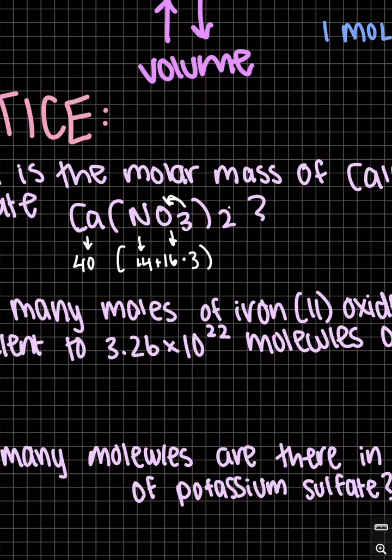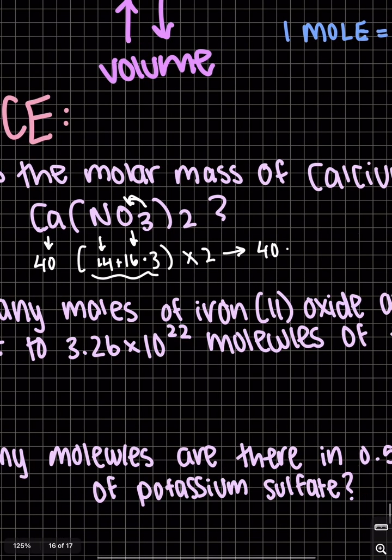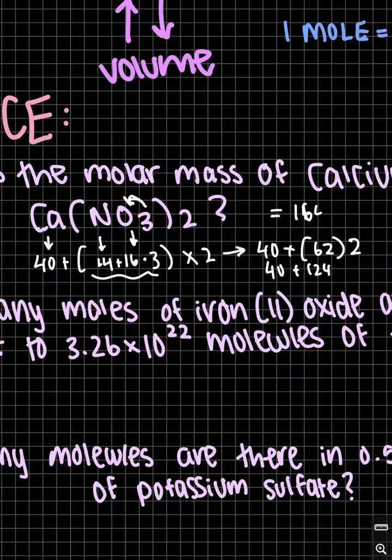And then for the whole thing, there's 2 nitrates, meaning that whatever number this is, you multiply by 2. So you get 40 plus 14 plus 16 times 3, which is 14 plus 48, which is 62, times 2, which is 124. 40 plus 124, and you get 164 grams per 1 mole.